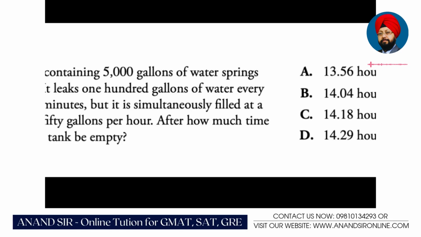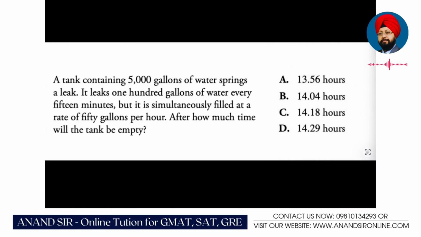A tank contains 5,000 gallons of water. It leaks 100 gallons of water every 15 minutes. So it is leaking 100 gallons in 15 minutes.